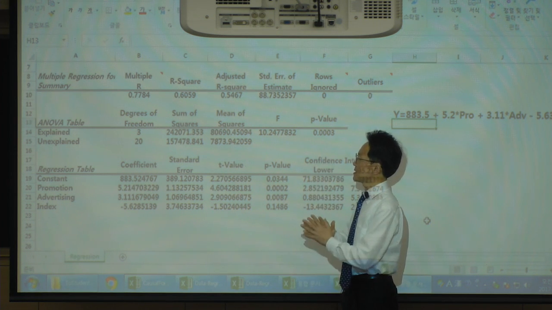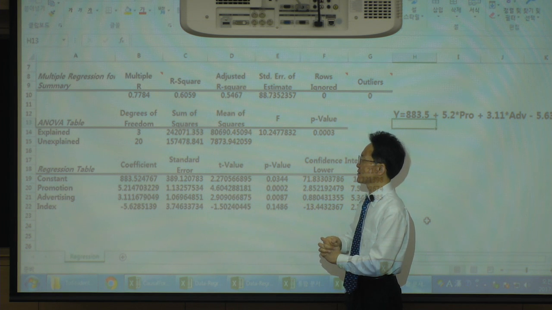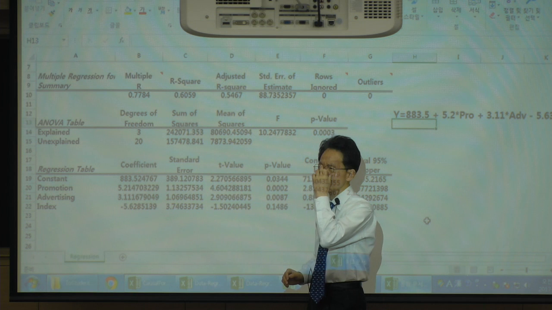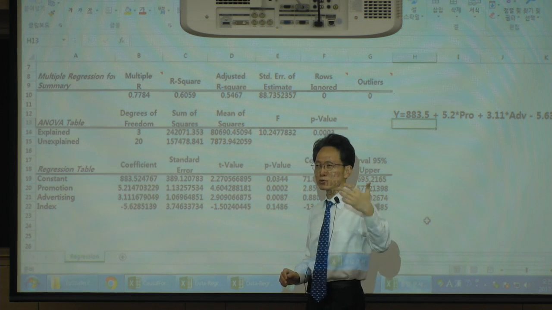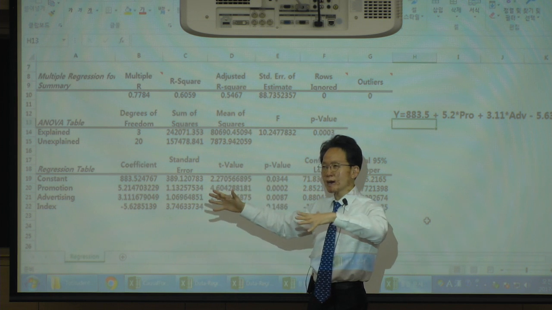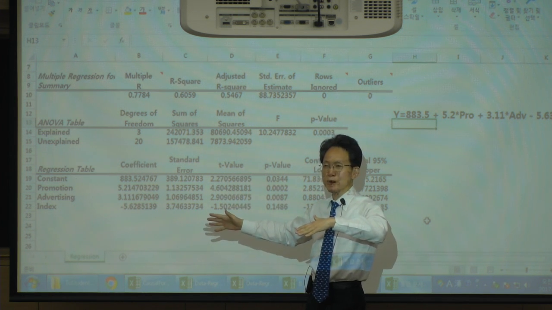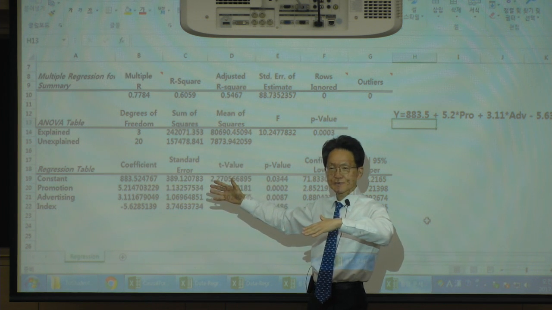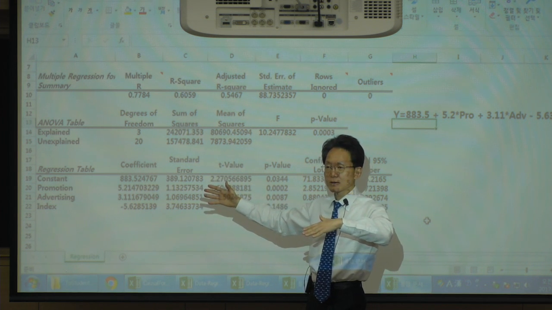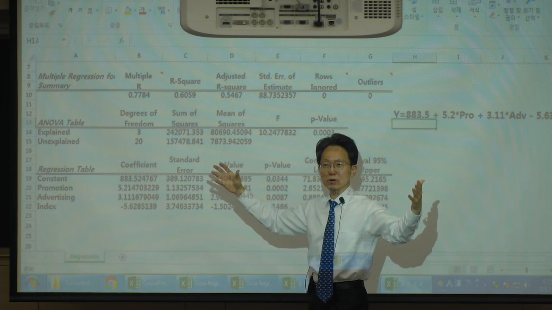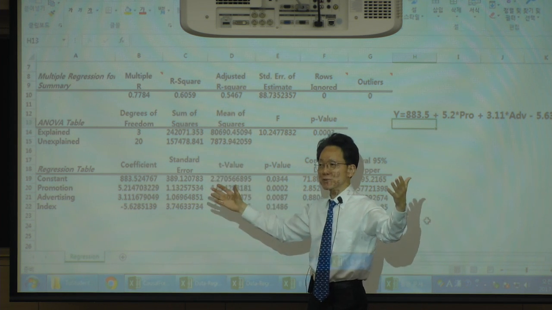Okay, let me give you some additional information. Let's say promotion is buy one, get one free, okay? Let's say when you go to the mart, you didn't plan to buy a certain product because you think that you're going to buy it next month or next quarter. But when you arrived at the mart, there is big promotion going on. Buy one, get one free.